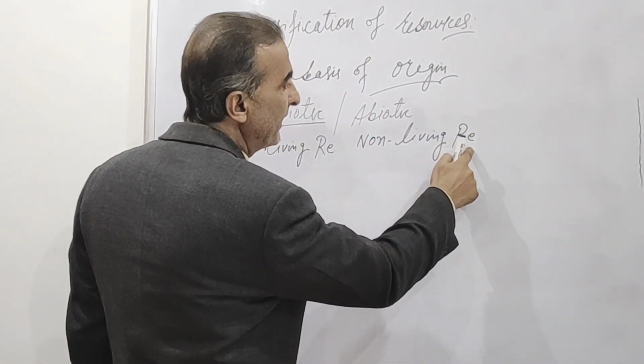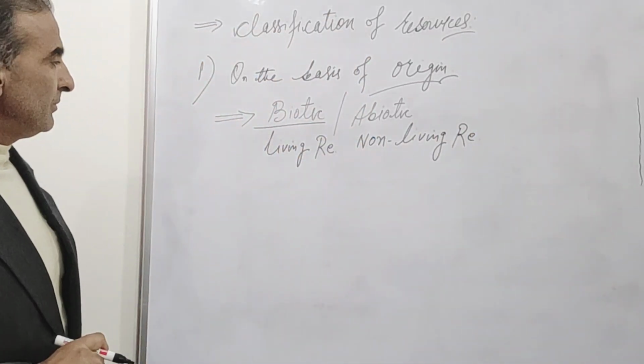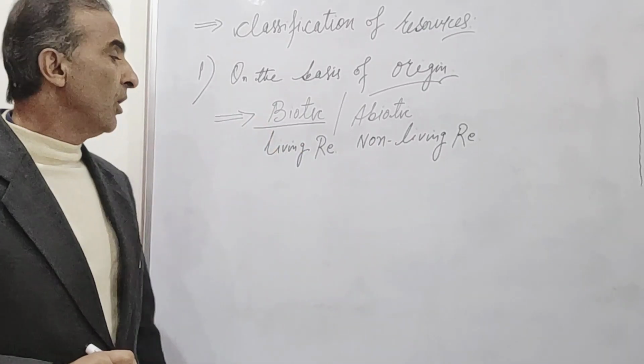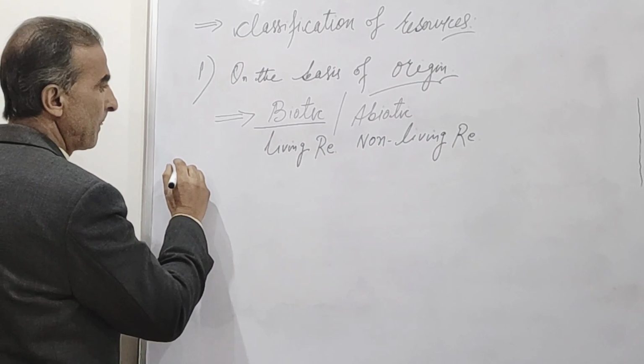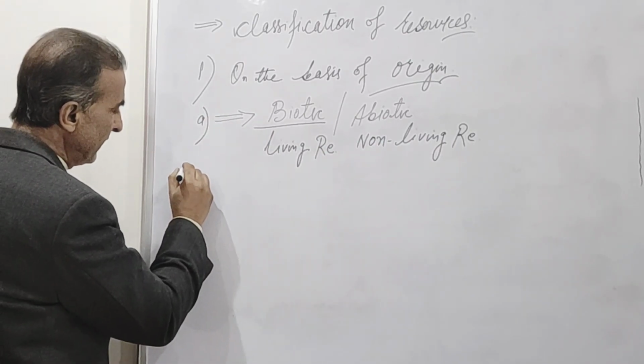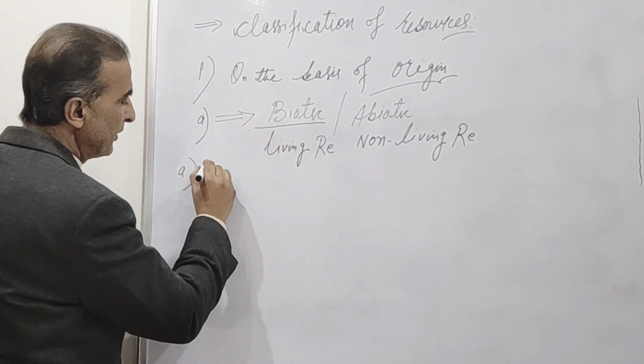I am writing here RE, that is resource. So how can we define the biotic resource or living resource? I will put it as A. I will explain A as biotic resource.